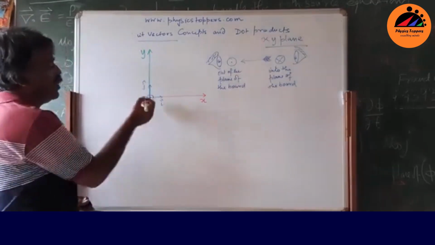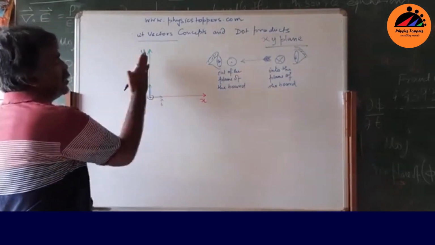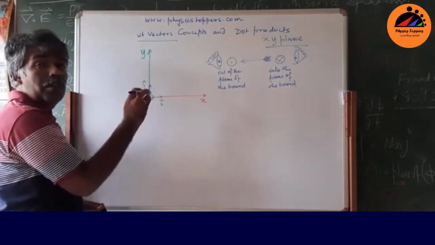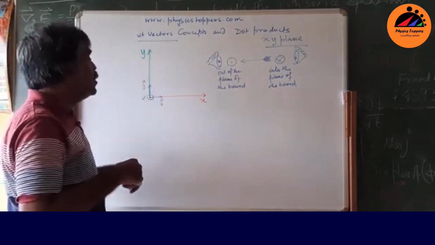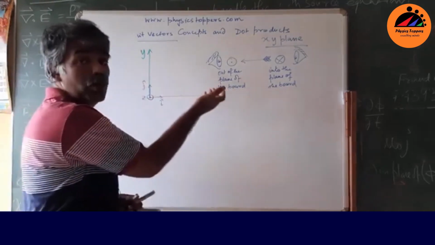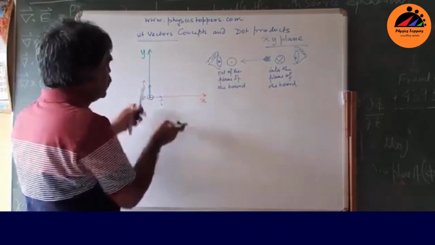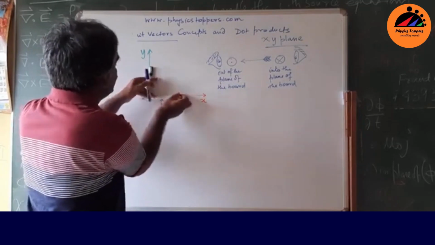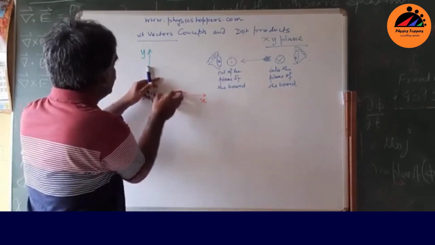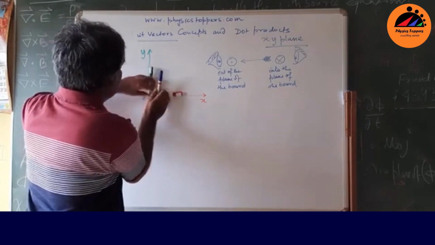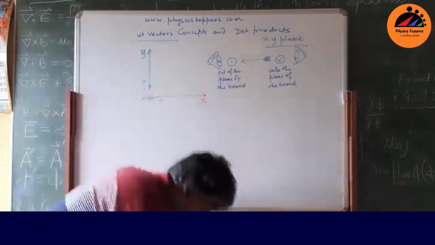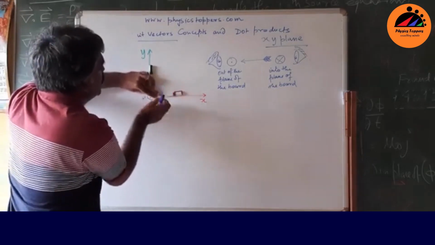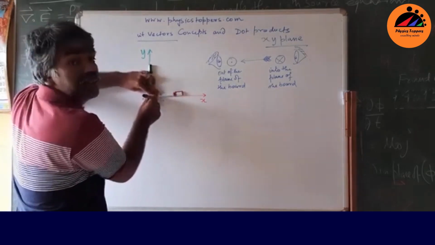Very similar. If this is the x-axis and this is the y-axis, the z-axis will be pointing out of the plane of the board. This is the right-handed system. Remember, if you stand in the first quadrant, with this the y-axis and this the x-axis, this must be the z-axis.